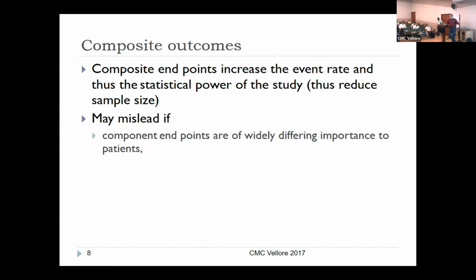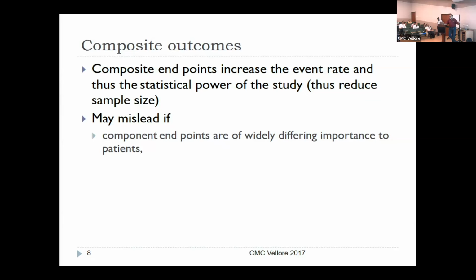And I will have a delta that I think is the smallest clinically meaningful one. And I will do my study on the composite of myocardial infarction, stroke, and heart failure hospitalization.